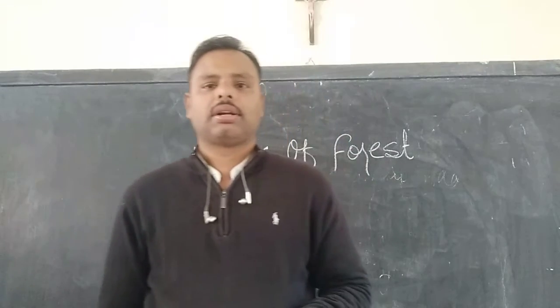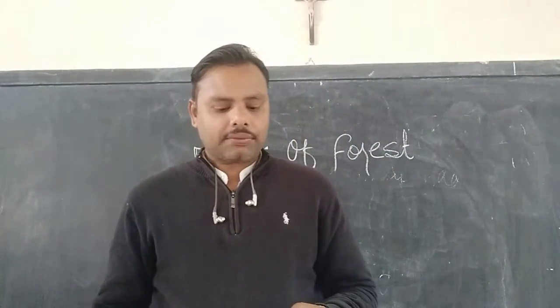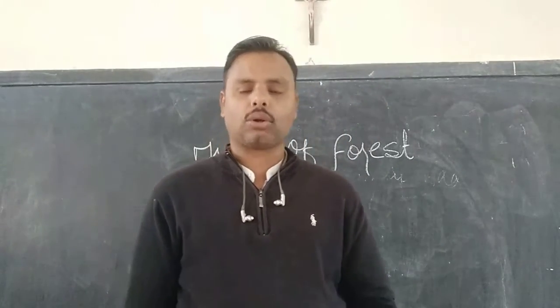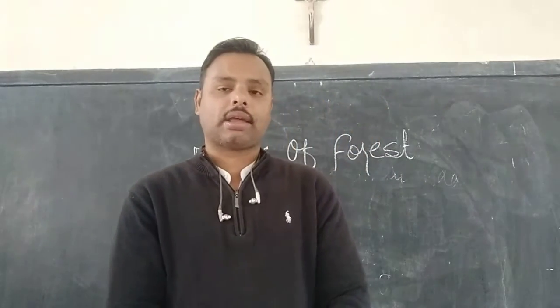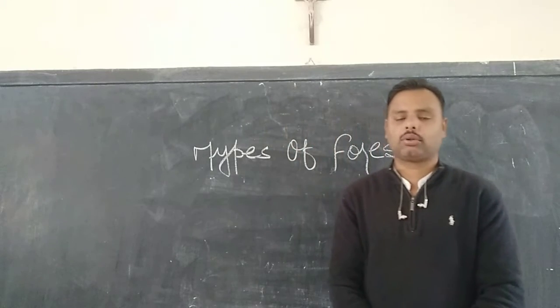And the last is tidal forest. Tidal forests are found in the deltas of Ganga, Mahanadi and Godavari. As you can see from the names, these are found on the banks of the rivers Ganga, Mahanadi and Godavari.